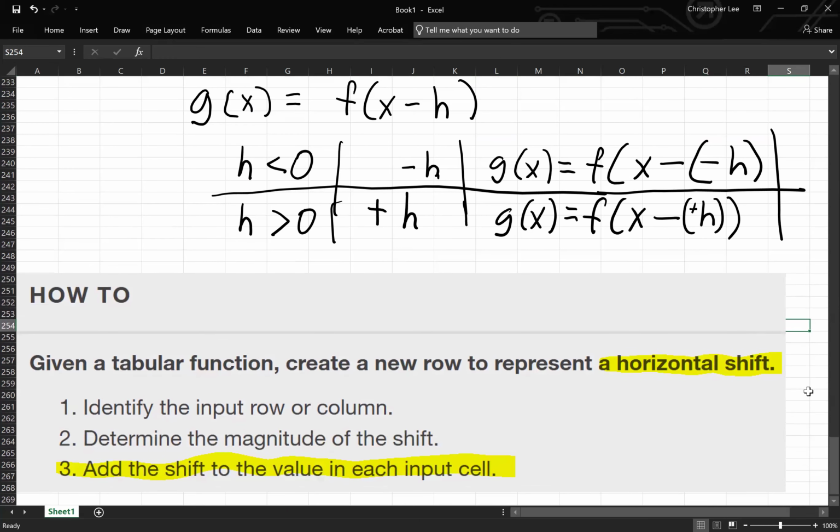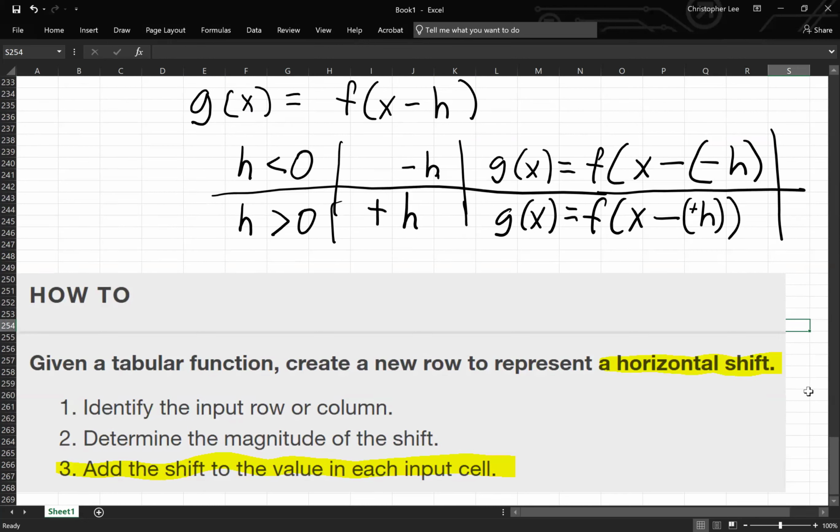All right. So given a tabular function table, create a new row to represent a horizontal shift. Here's how we do it. Step one, identify the input row or column, depending on what you have. Step two, determine the magnitude of the shift.